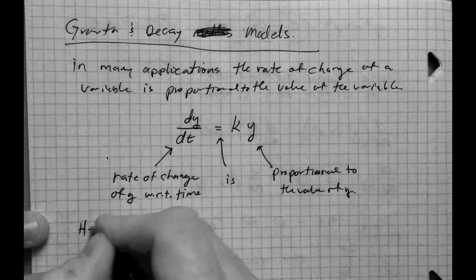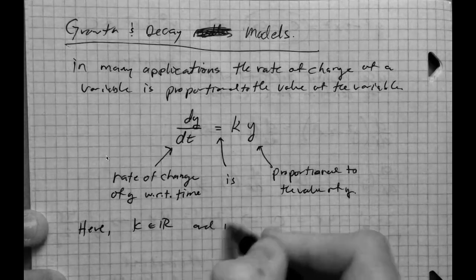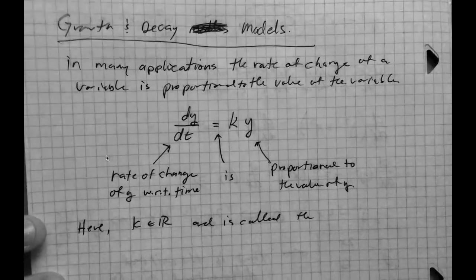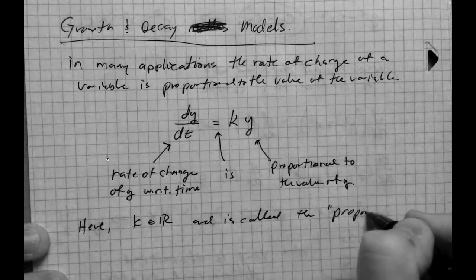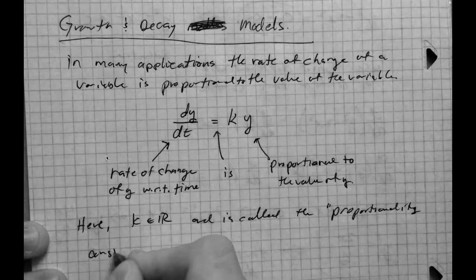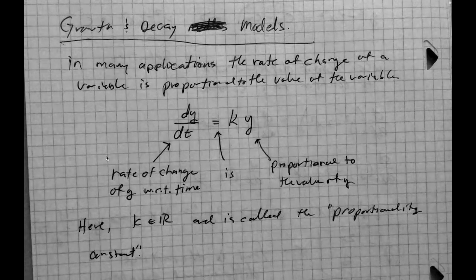Here, k is a real number and is called the proportionality constant. That's a way to refer to k, the constant of proportionality.